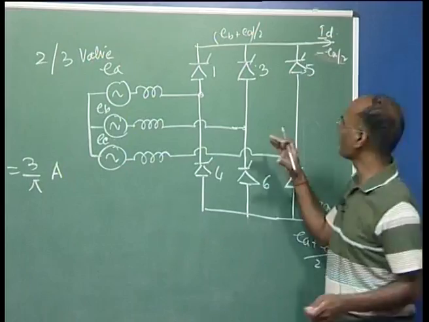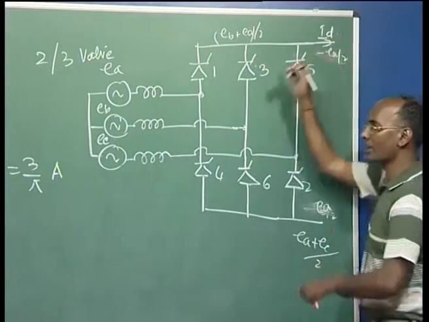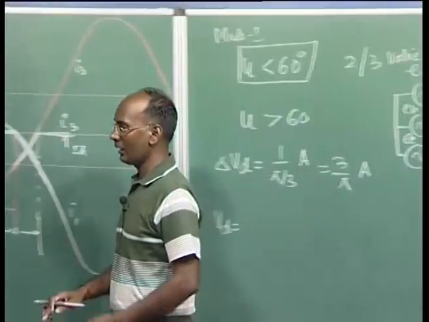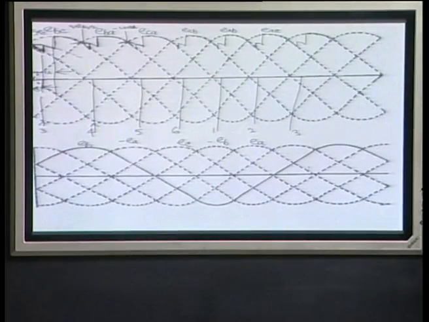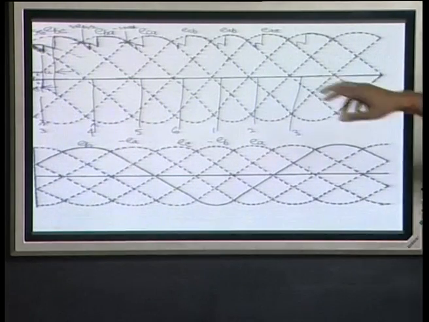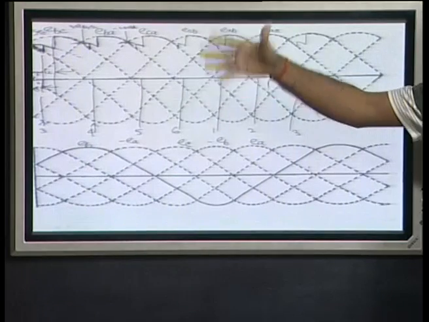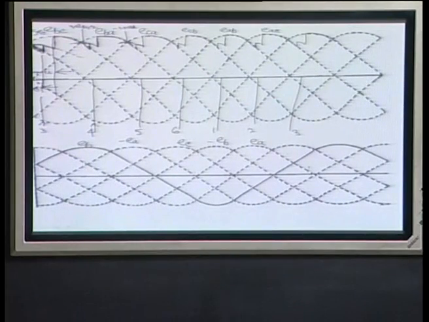So this is the output voltage across this DC link here, and this is a symmetrical pattern, we are getting line to line voltage for the complete 2-3 valve conduction. When 3 are conducting, the voltage is reduced, and once 2 is conducting, the output voltage is higher, and this is the average voltage that we can get as usual.